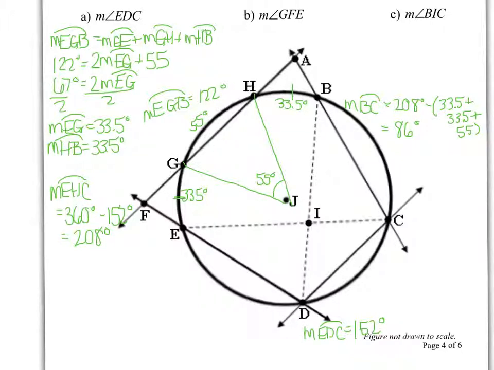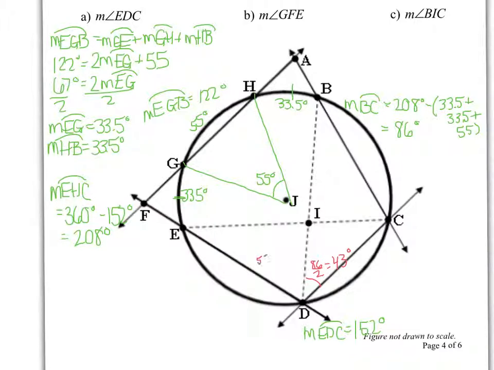Next, I can see that this angle right here, this inscribed angle, is half of 86 degrees. So this angle right here is going to be half of 86, which is 43 degrees. This inscribed angle right here is going to be half of 55 plus 33.5 plus 33.5.